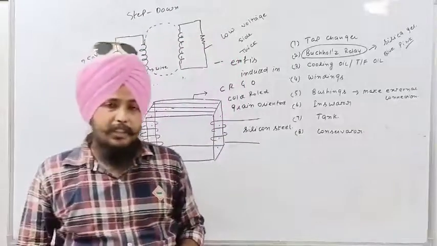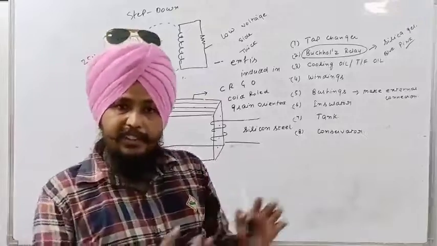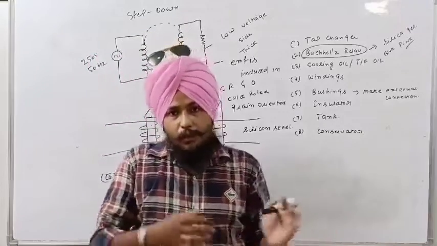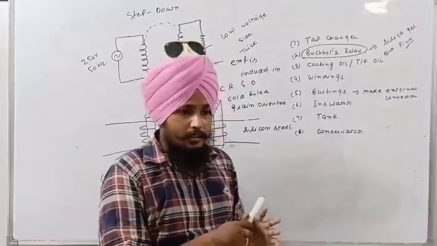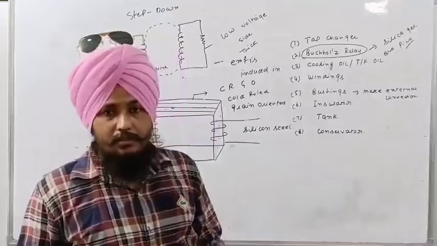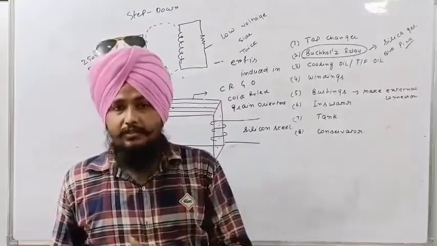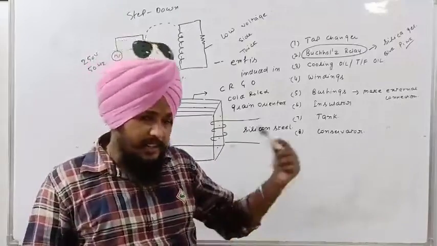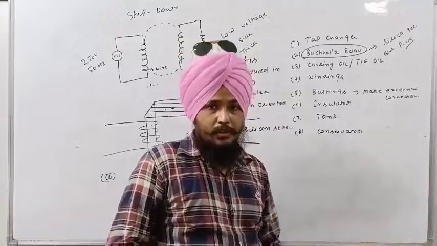The transformer is mainly tasked to transmit electricity from the power station to different corners of a country or between two countries. It may be of two types. We can transmit electricity with the help of a step-up transformer.